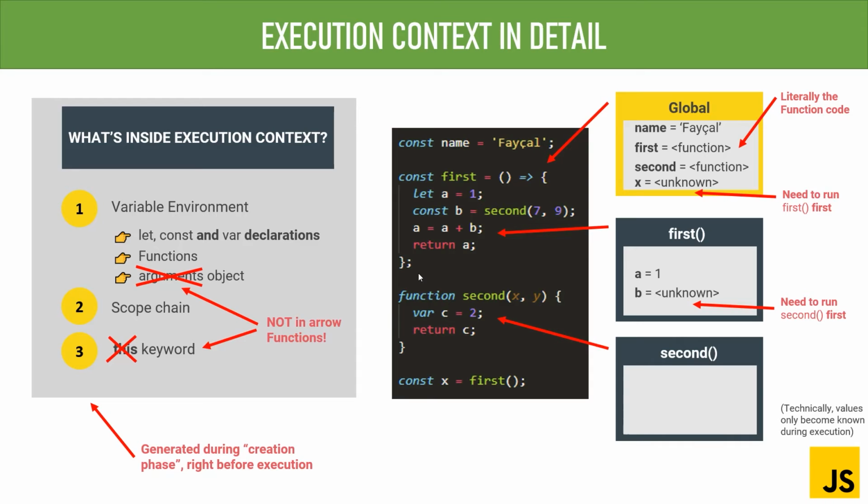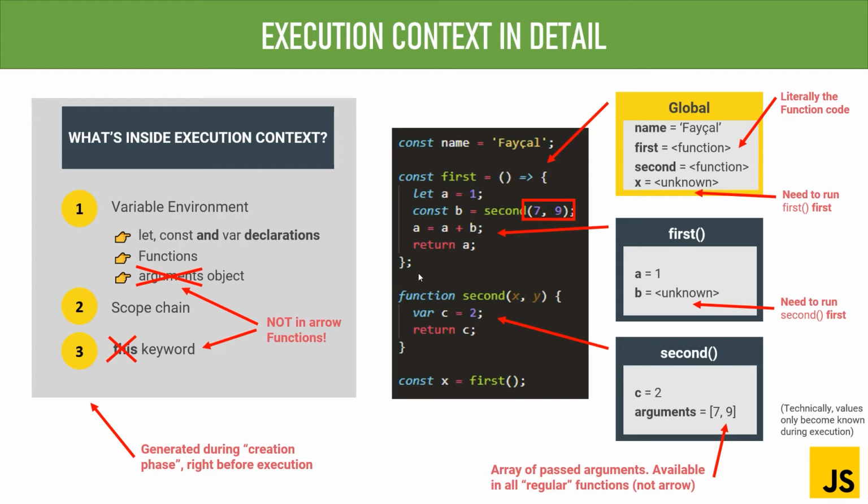Finally, the variable environment of the second function contains the C variable set to 2, and since this is a regular function, so not an arrow function, it also has the arguments object, and this object is an array which contains all the arguments that were passed into the function when it was called. In this case, as you can see, that's 7 and 9. Quite simple, right? Well, it is simple because this is an extremely small amount of code.